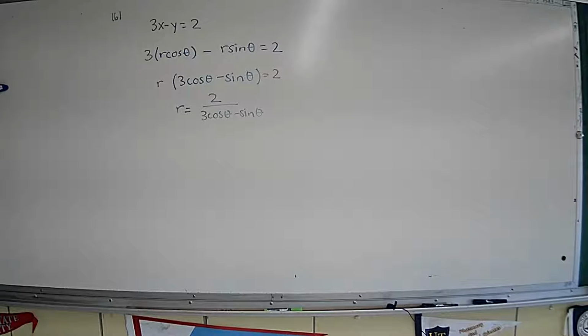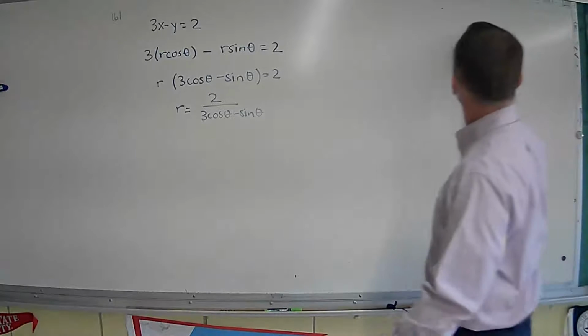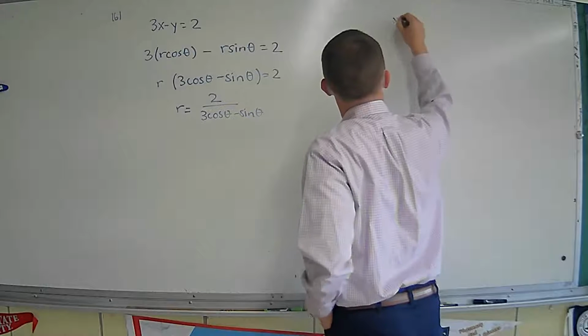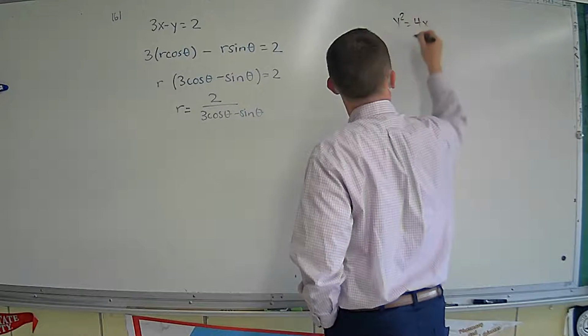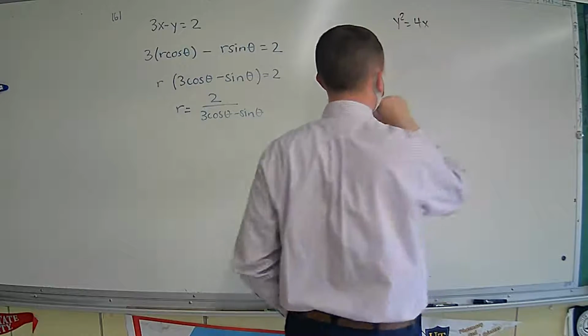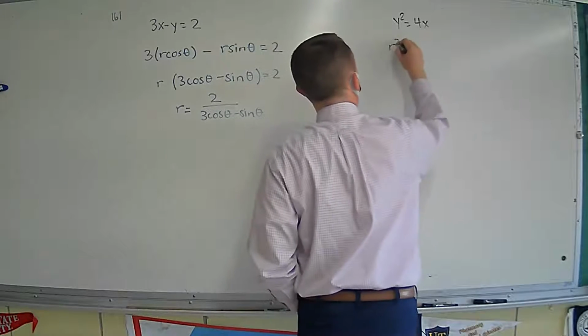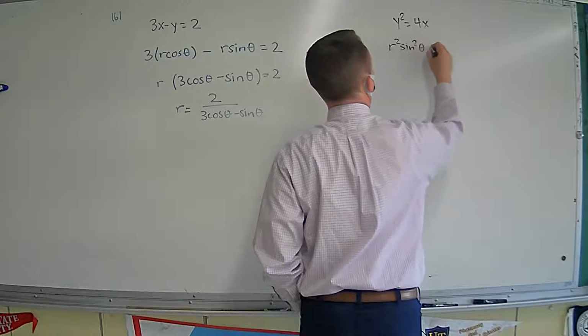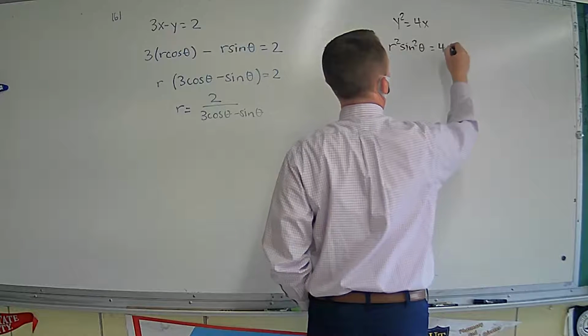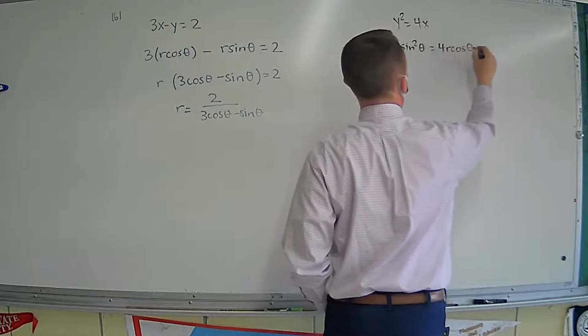This next one, 162, it's y squared equals 4x. Convert that to polar. So r squared sine squared theta equals 4 r cosine theta.